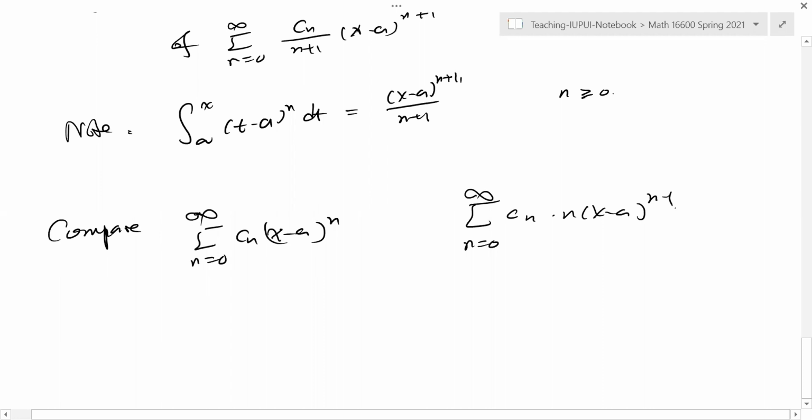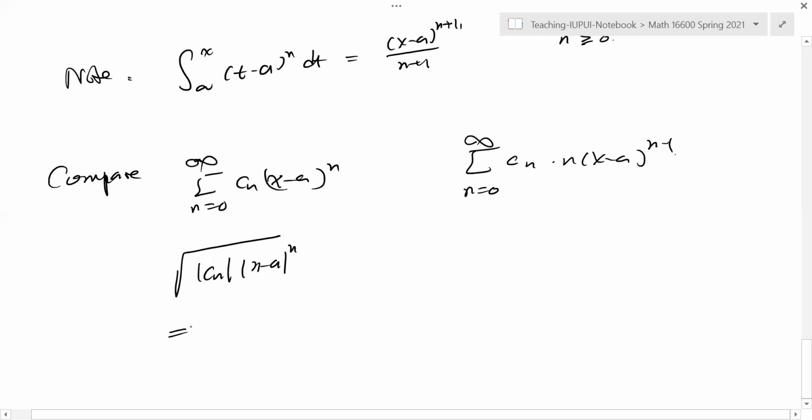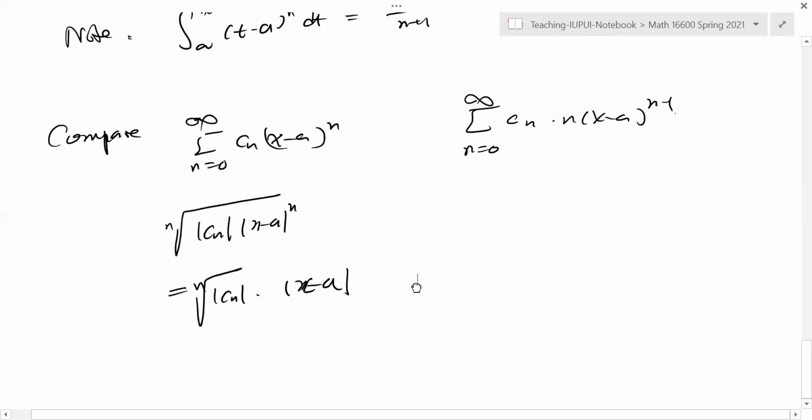Okay, how do we find the radius of convergence, right? Suppose, it's not necessarily always that the root test exists, but let's look at this. This is going to be the nth root of Cn, and then multiplied by absolute x.